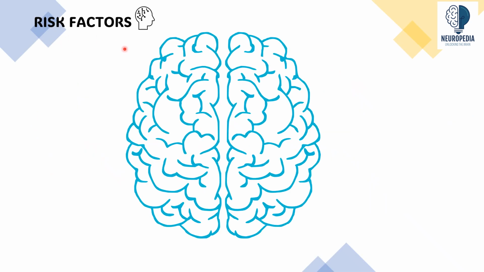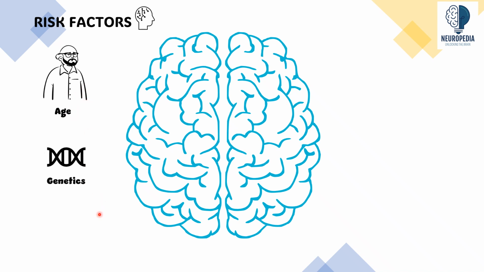Now let's look at factors that are associated with Alzheimer's disease. The first one is age. The risk of developing Alzheimer's disease increases with age. Genetics. Some people have genetic mutations that increase their risk of developing Alzheimer's disease. Family history.